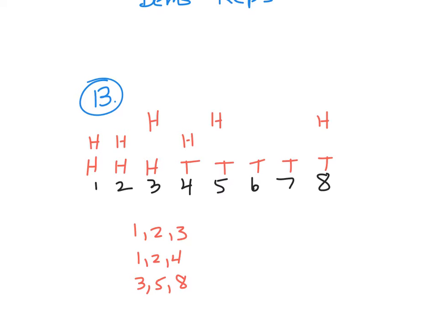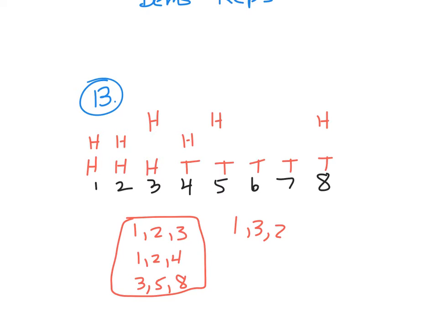Okay, so do you see that getting 3 heads is equivalent to picking 3 numbers out of those 8? It's equivalent to saying how many ways can I pick 3 of these numbers out of 8? And order wouldn't matter. Because if you get heads on 1, 2, and 3, that's the same thing as getting heads on 1, 3, and 2, right? It's the same result.